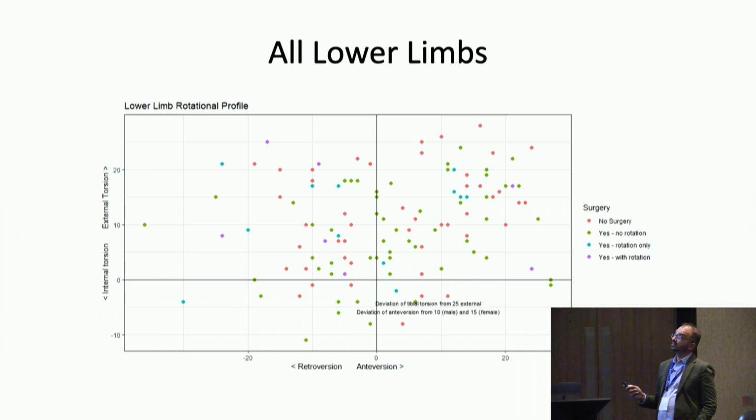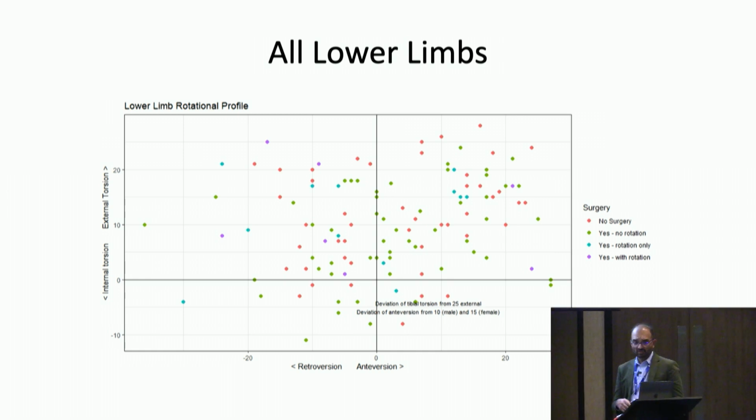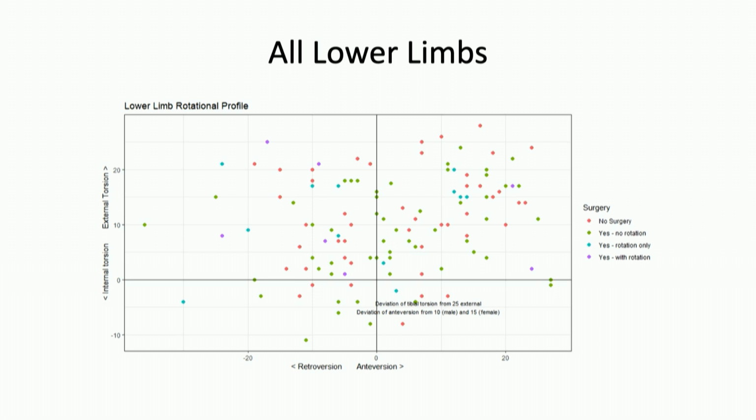And again, there's absolutely no correlation of these dots with the amount that the CT is telling us of the version, of how much from population norms there is. So we thought that this is now beginning to completely change our practice.